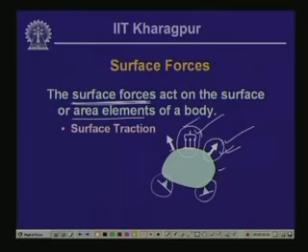When these surface forces act on the boundary, we call that a surface traction. Please keep in mind that the surface forces could be a concentrated force or a distributed force, and when these forcing systems act on the boundary, we call that surface traction.